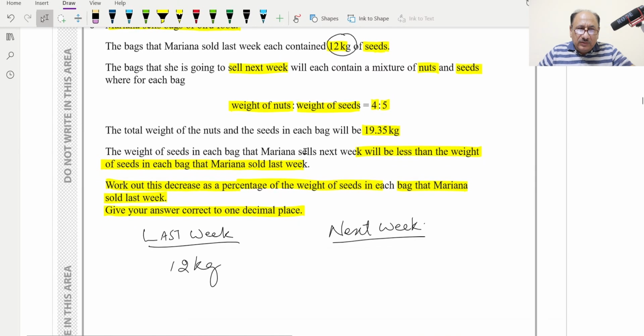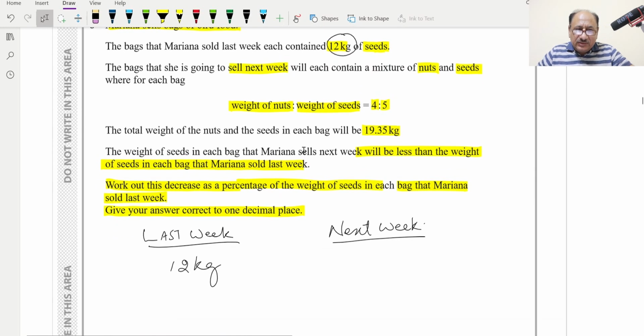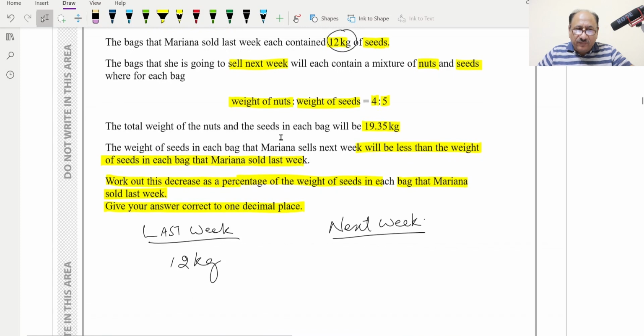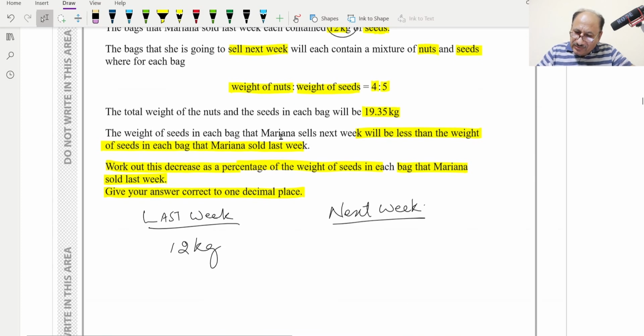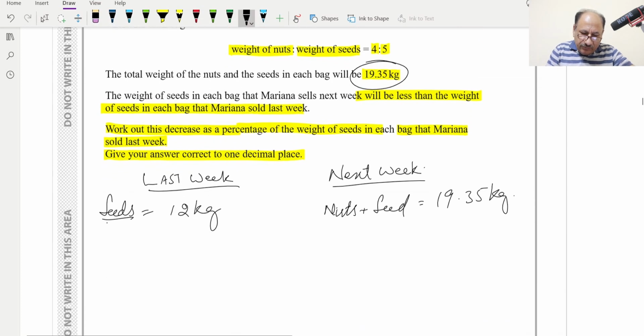And now this week, it is nuts plus seeds, a collective, and the weight is 19.35 kg. So we'll have to compare seeds with seeds.